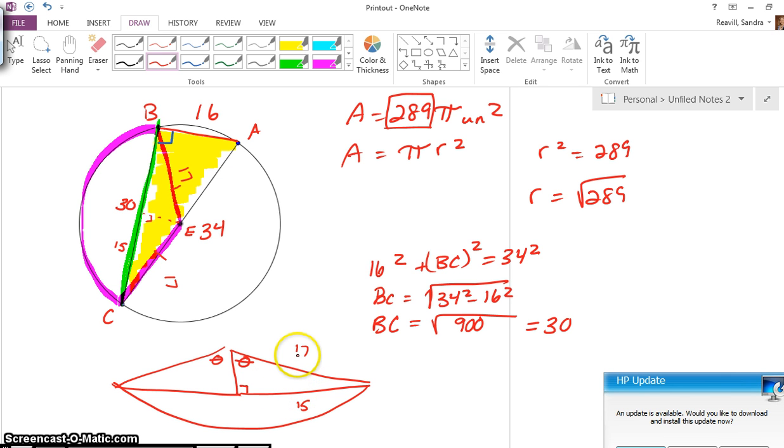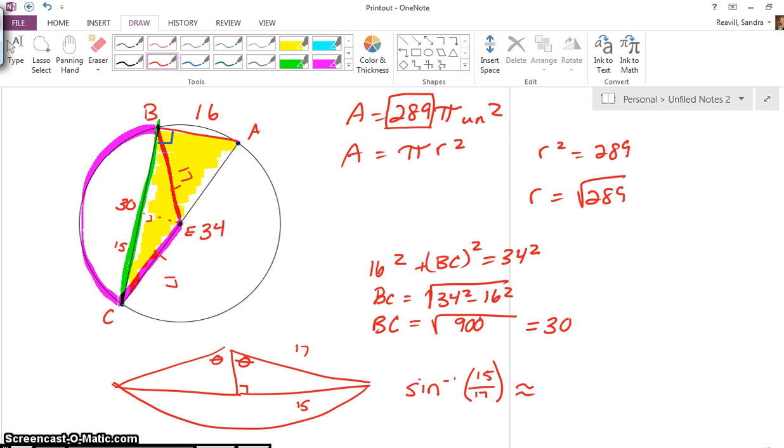So with an opposite and a hypotenuse, let's use the inverse sine with the ratio of 15 over 17 to find this angle. Go ahead and push those buttons and find me an angle that has sine ratio of 15/17. I have an angle theta approximately 61.93. Let's not round to the hundredths place because we're going to have to multiply this and we don't want to multiply too much error.